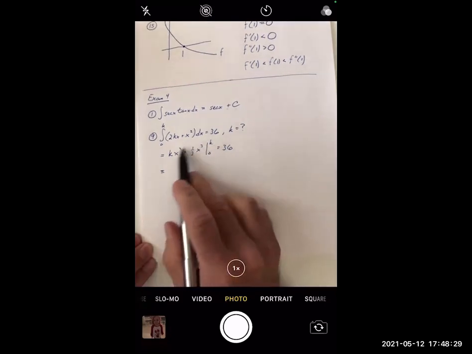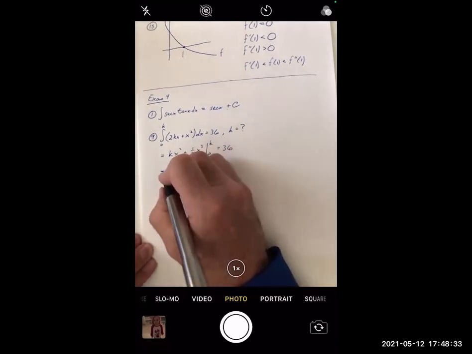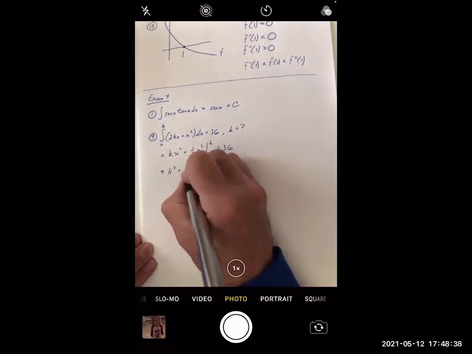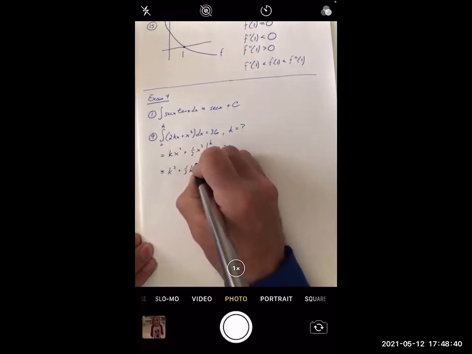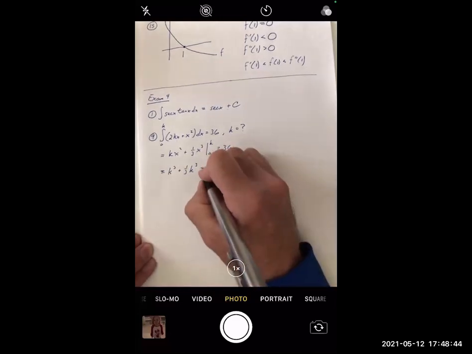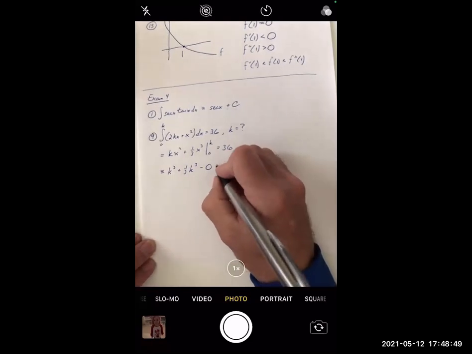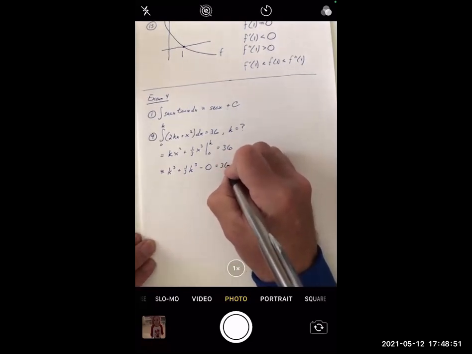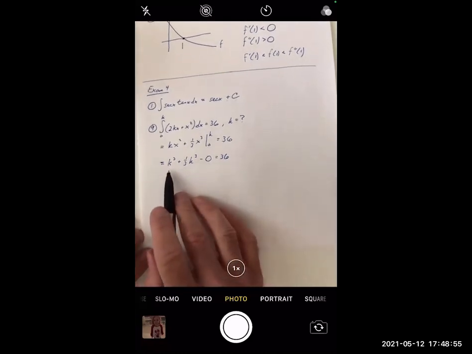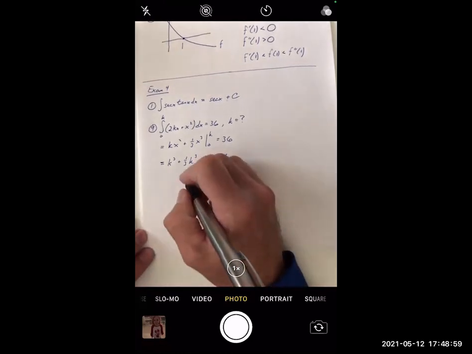Okay, so now just plug in your bounds. So the k goes in for all the x's. So that would make it k to the third plus 1/3 k to the third. And if you plug in the 0, that knocks everything out and you're just left with 0. And so it still equals 36. All right, what's k to the third plus 1/3 k to the third?